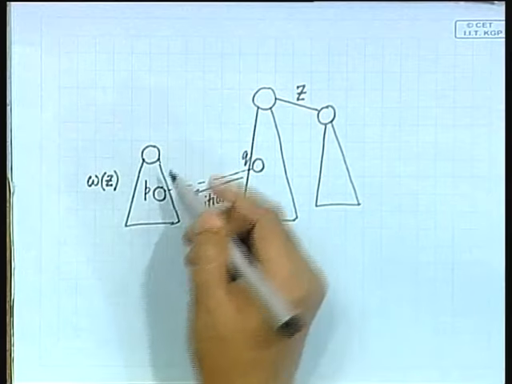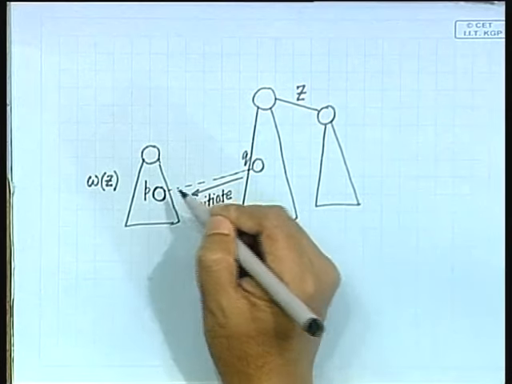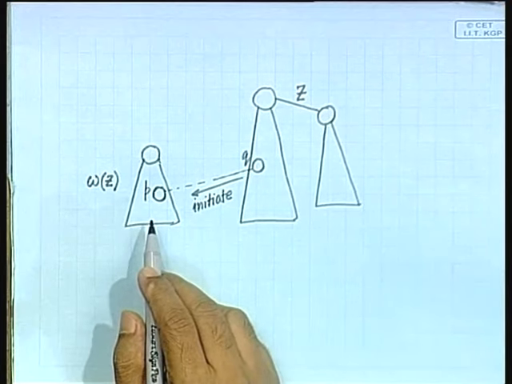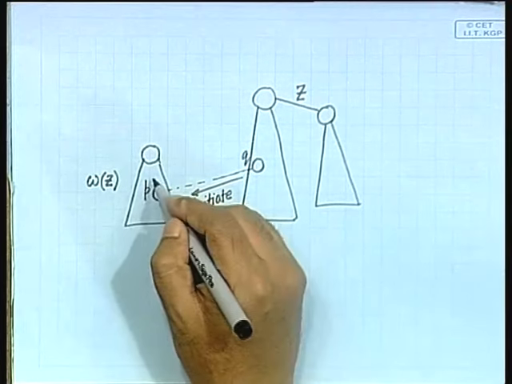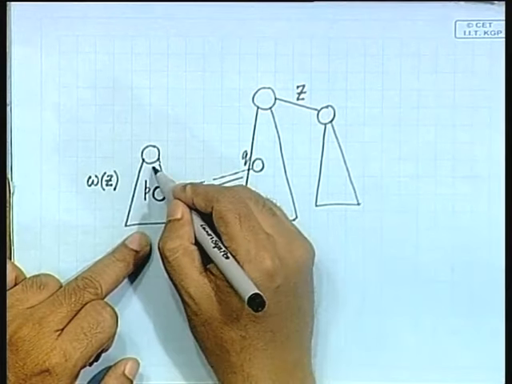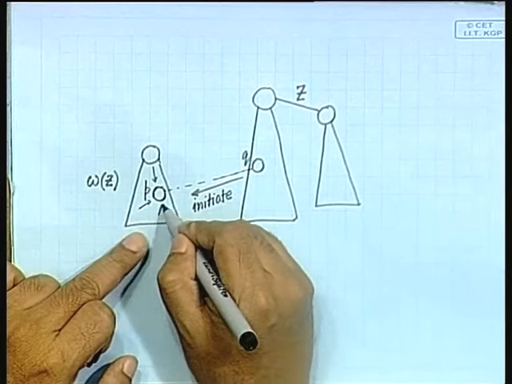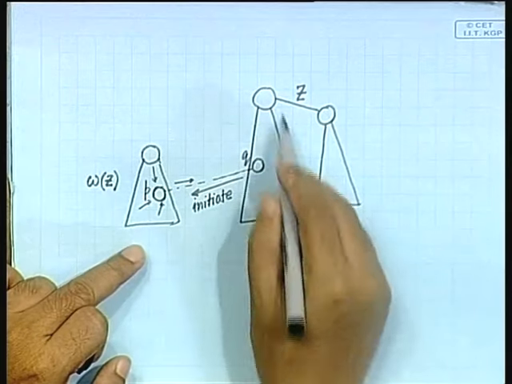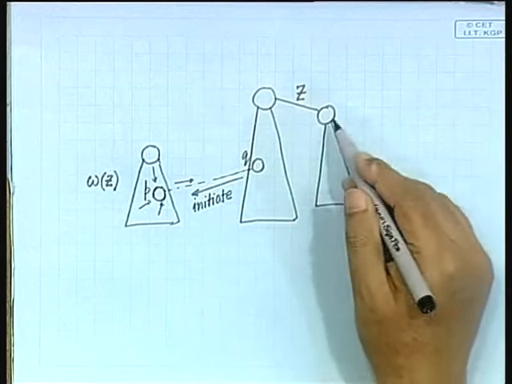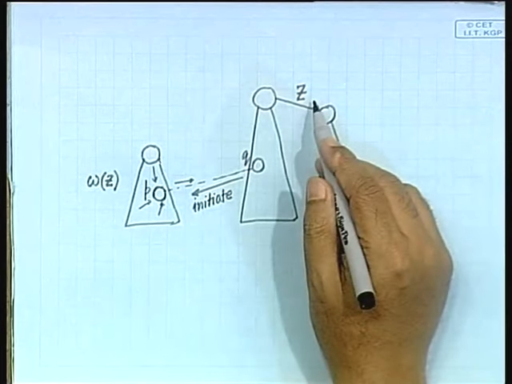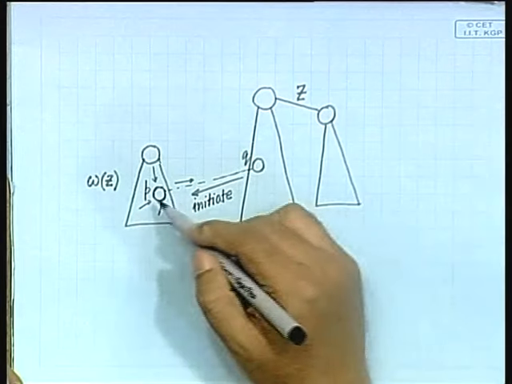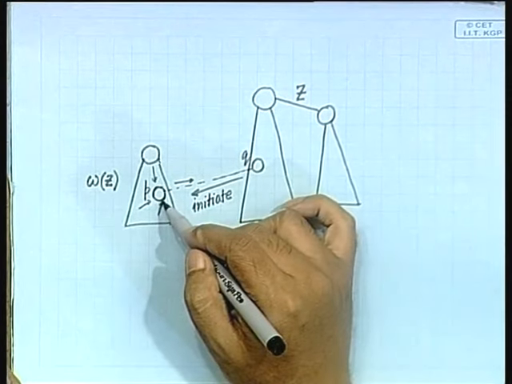Now, what is going to happen is from P here, this whole tree will reorient itself so that this becomes the root of this sub fragment, and all the parents, the fathers are pointing like this towards the core edge. This is the core edge, and no change will take place here because they are already pointing to the core edge. Okay. This is what will happen when the initiate message reaches here.